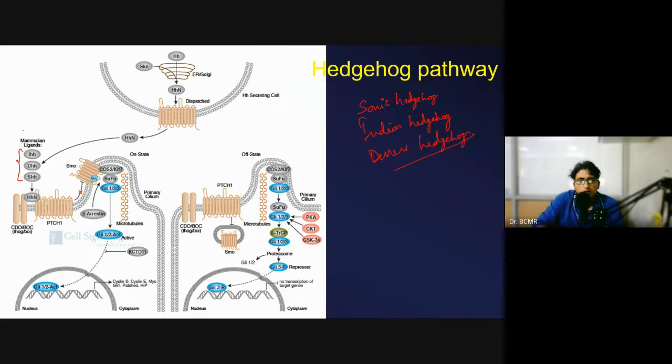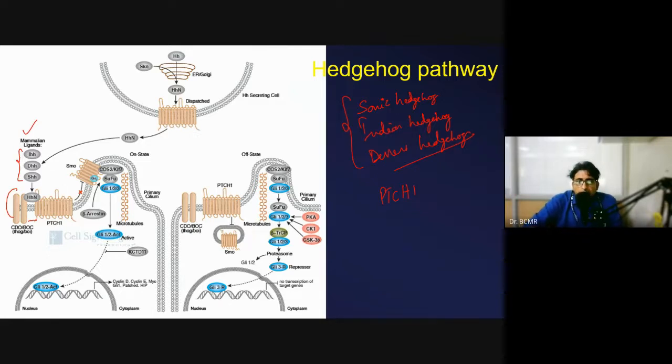These are usually the mammalian ligands. These are the three different types of signals in this case. And then Patched is the receptor that interacts with the ligand.